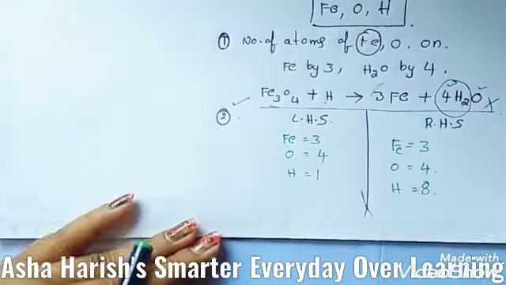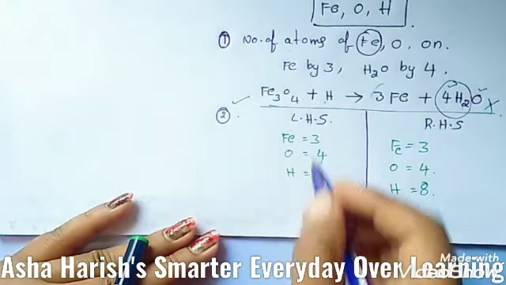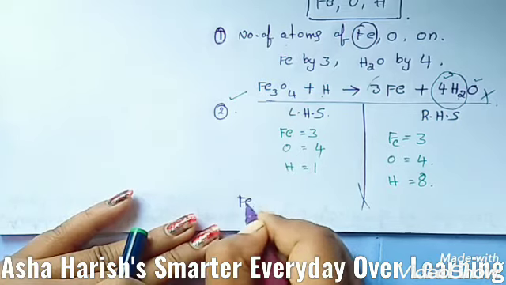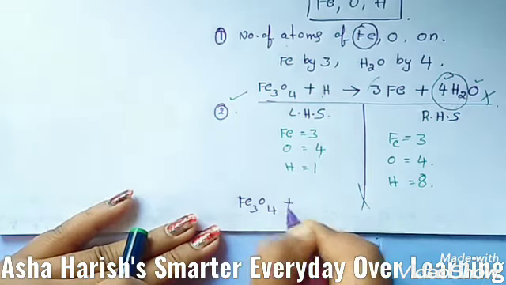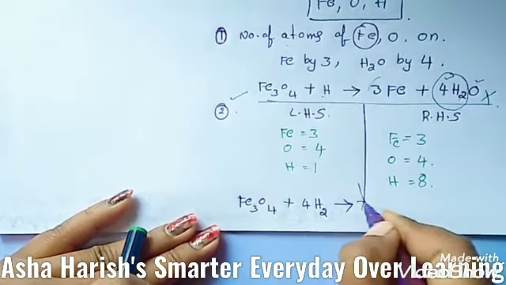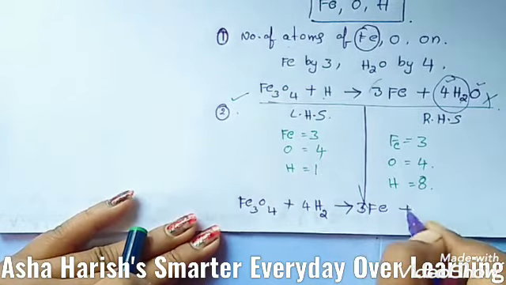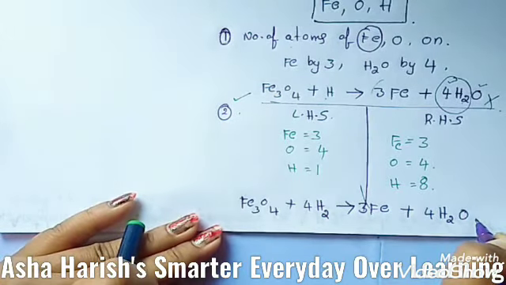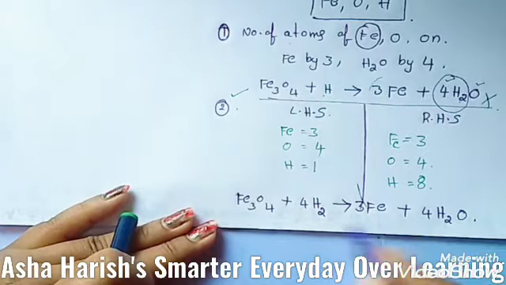Now we have Fe3O4 plus 4H2, again the same, 3Fe plus 4H2O. This is the required balanced molecular chemical equation.